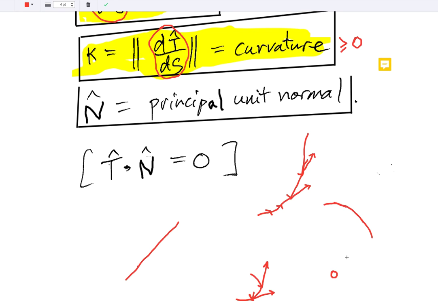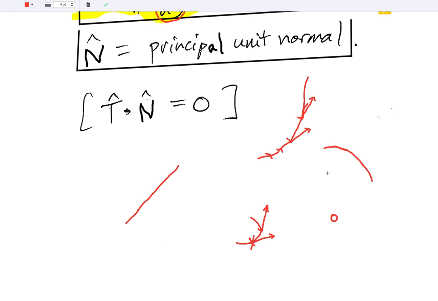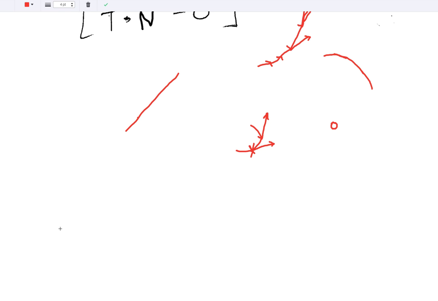Now, let's talk about the principal unit normal. Let's say I've got a curve here, and the unit tangent vector here, which has length 1, just showing direction.